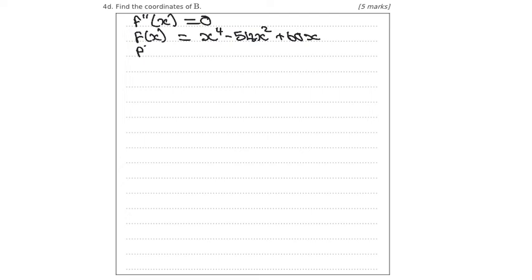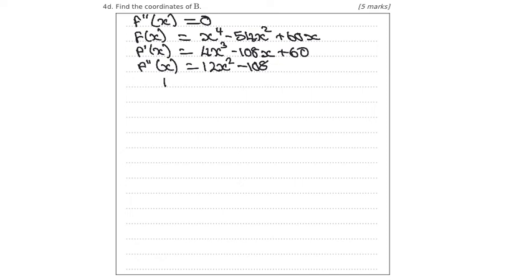So then f dash is equal to 4x cubed minus 108x plus 60. So f double dash is equal to 12x squared minus 108.